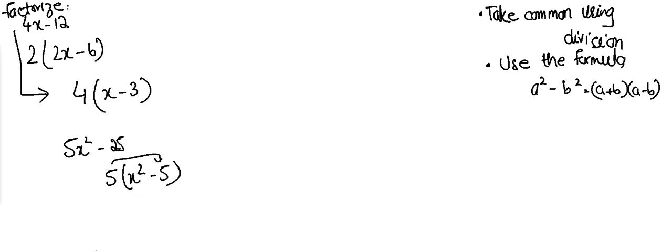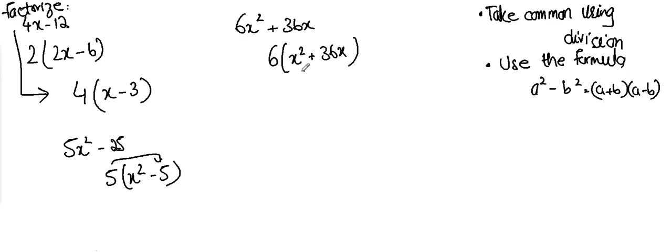Right? Okay, now let's twist the question a bit. 6x squared plus 36x. Now what will we take as common? Any ideas? Okay, according to you, we will take 6 as common. Let's solve it. 6x squared plus 36x.